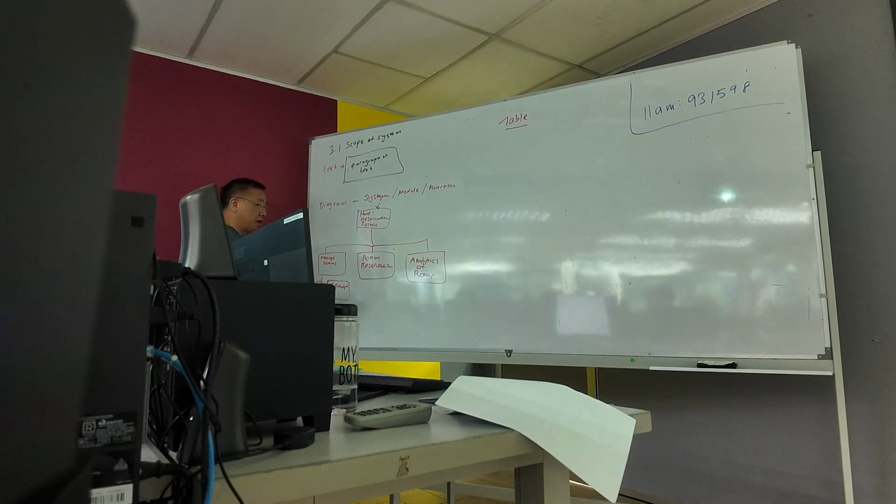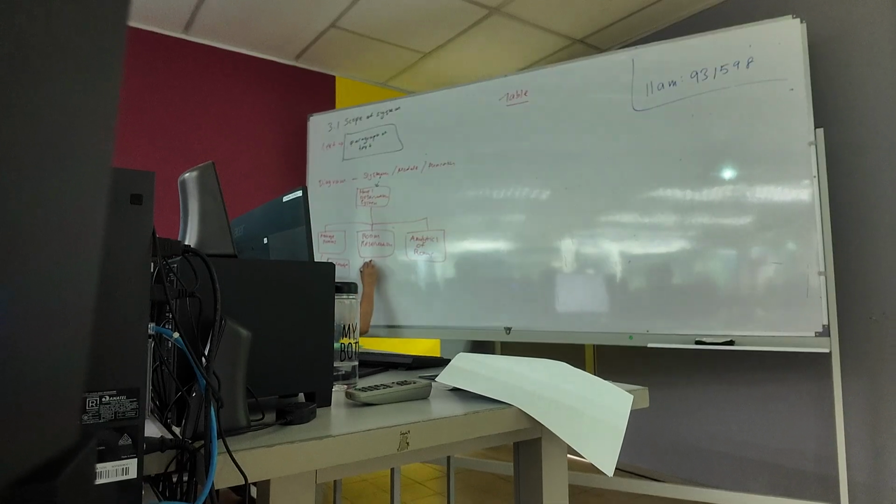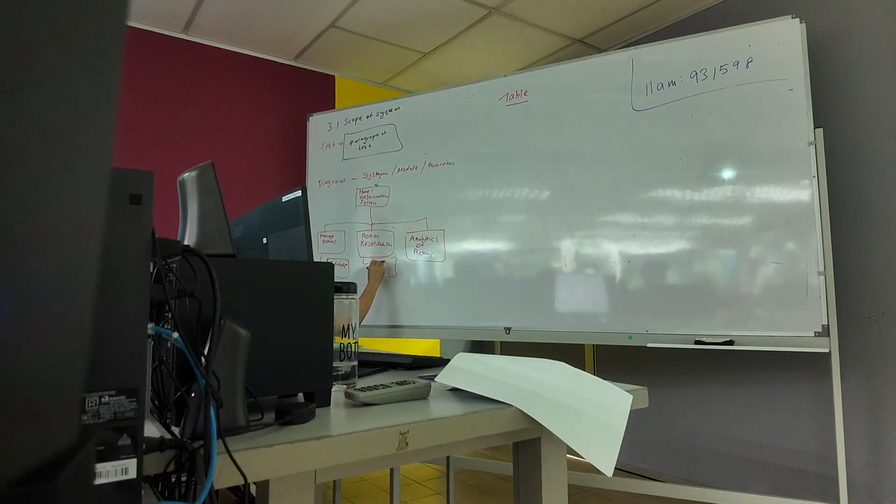Room reservation, you have a couple more functions, right? So room reservation, the functions are maybe query room availability. Then the next function you have is book the room. After you query, you can book the room.